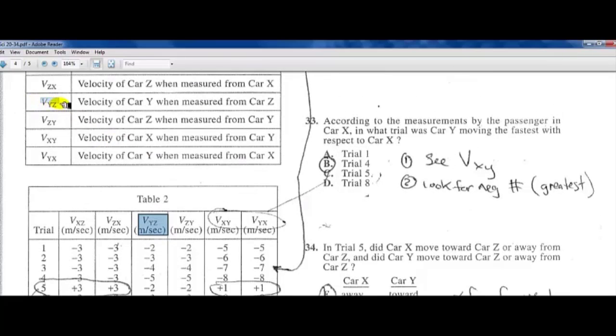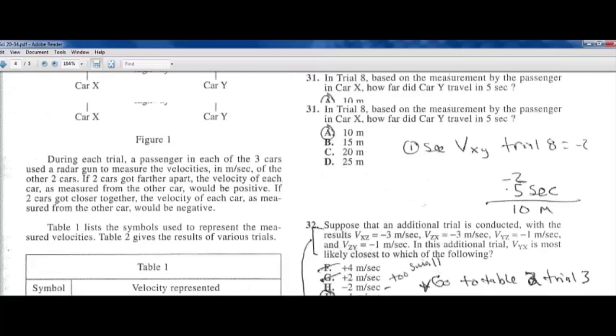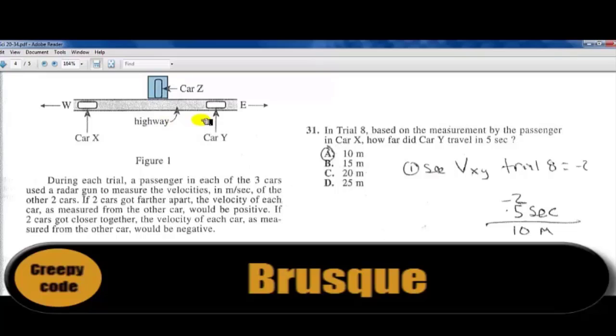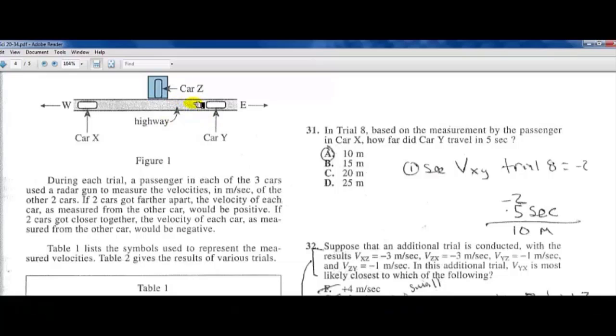YZ is the velocity of car Y when measured from car Z. Well, remember from the diagram that as you go from car Y to car Z, it would be increasing its speed if this distance is decreasing.